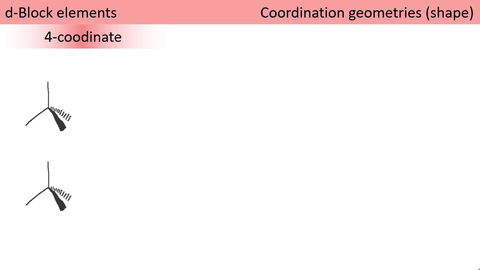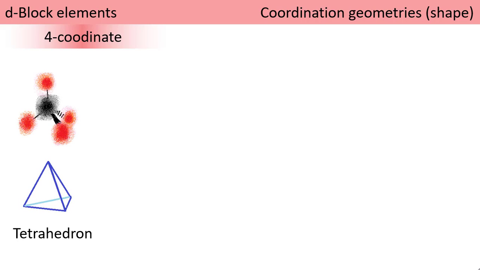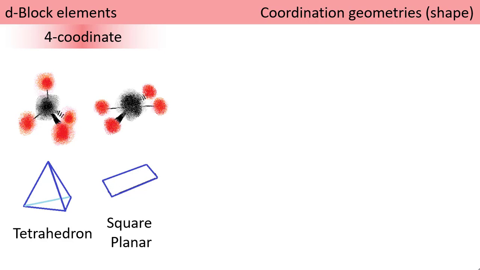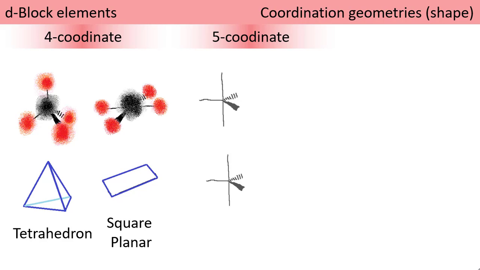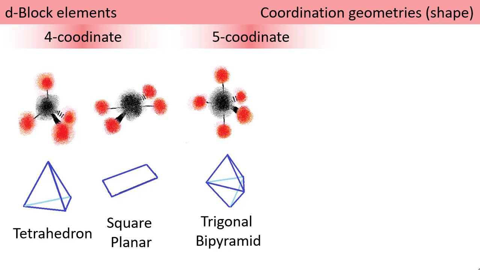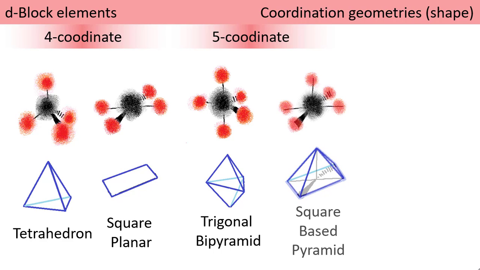For example, when a transition metal ion has 4 coordinating groups, it is either tetrahedrally coordinated to those ligands, or all 4 ligands are coplanar and form the corners of a square. 5-coordinate complexes can be trigonal bipyramidal, but more commonly they exhibit a square-based pyramidal structure.